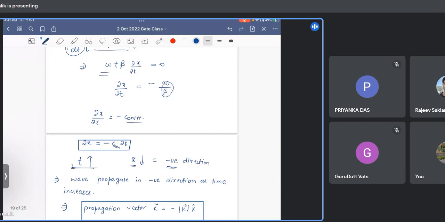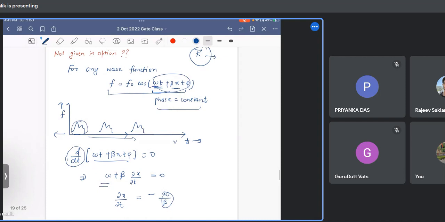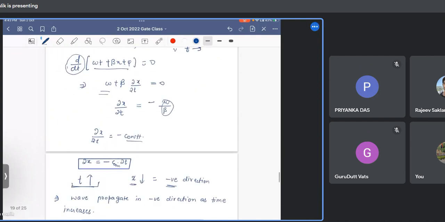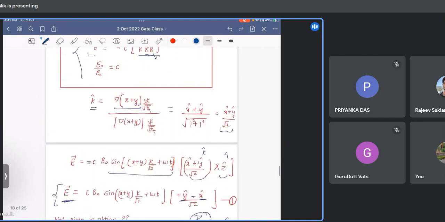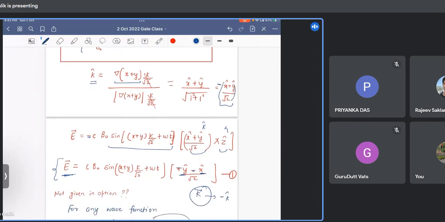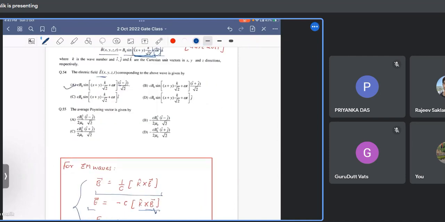So whenever this kind of condition arises, that both the t component and the x component are positive, it means that with time, your wave is propagating in the negative direction. So you have to apply the negative sign by yourself in this case. This is the negative sign that we forgot to apply here, and that will give you the negative sign and positive sign that is available in the option.